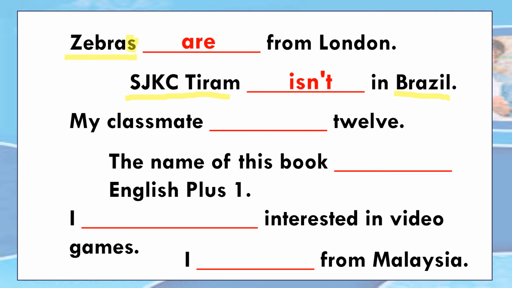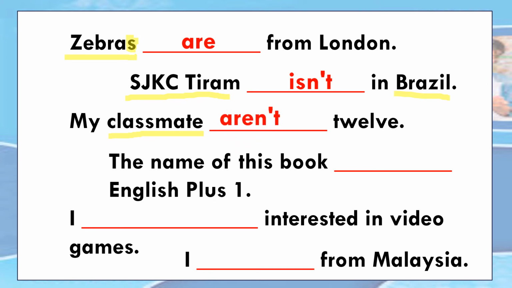The next one, my classmate. Look at the word classmate. If there's no S, it means that there's only one. So my classmate 12. Okay, so you are in year 5. How old are you? You are 11. So are your classmate 12?